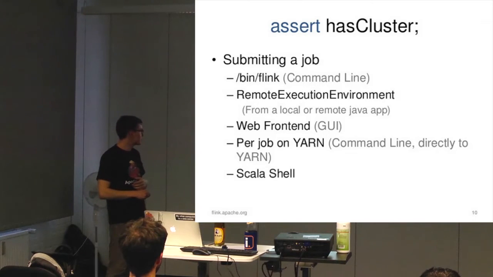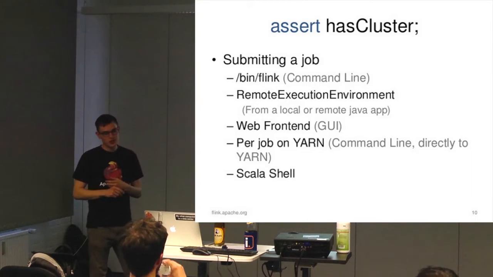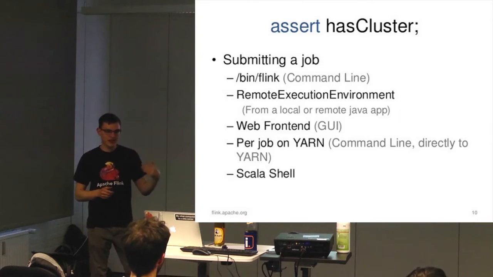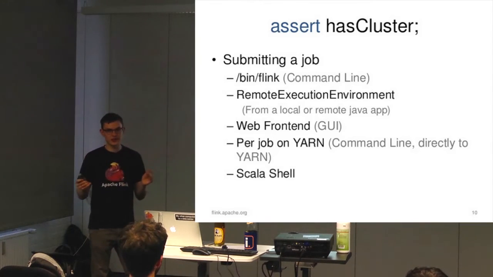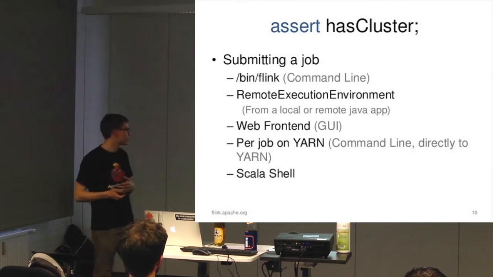Another option of submitting jobs is submitting them directly to Yarn. So you don't necessarily need to start a Flink cluster inside Yarn first. You can also submit the job directly to Yarn, for example, when you have a mixed setup where you run Hadoop jobs and Flink jobs next to each other.